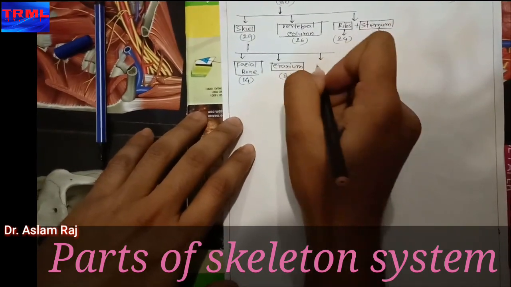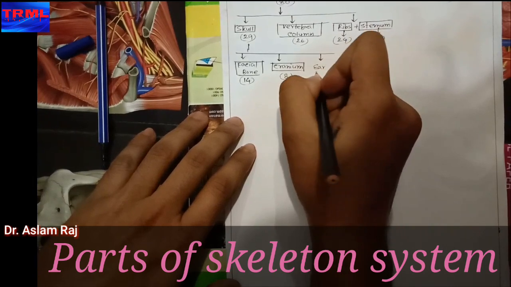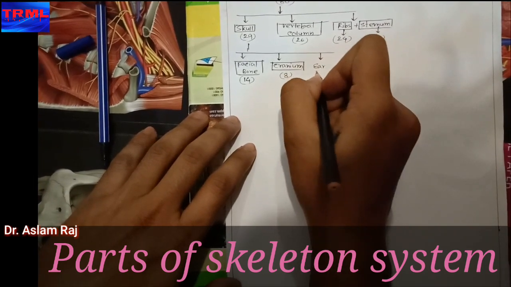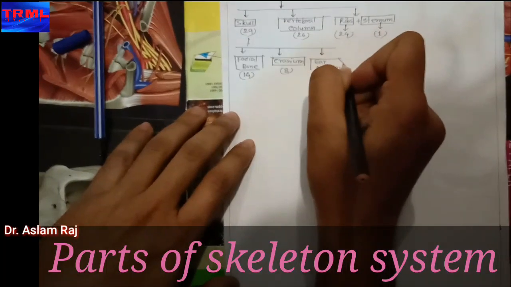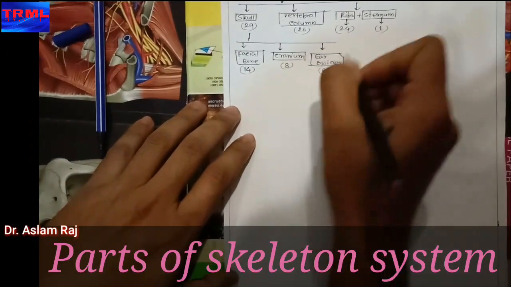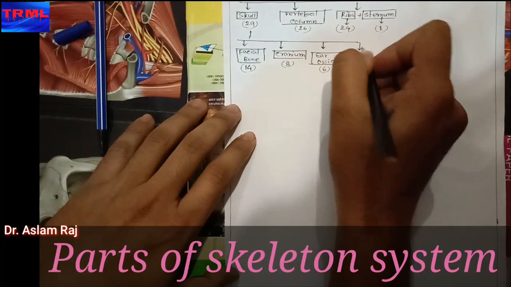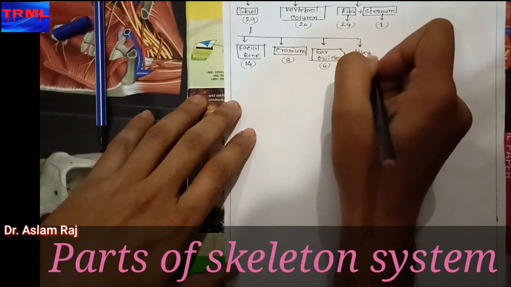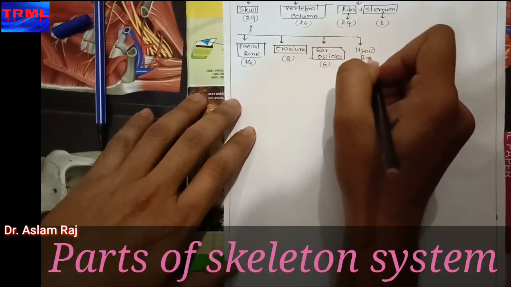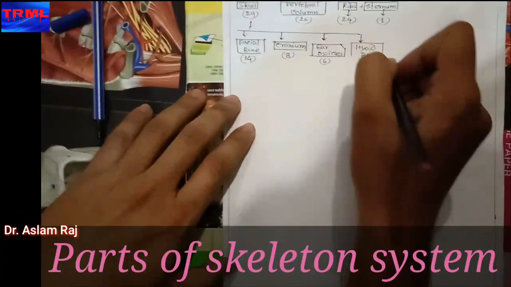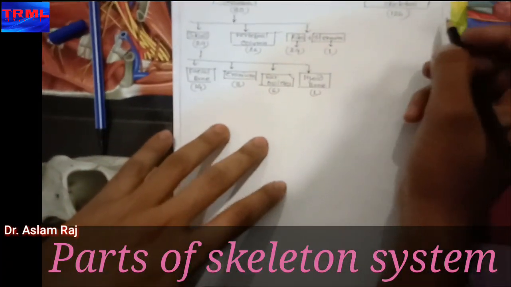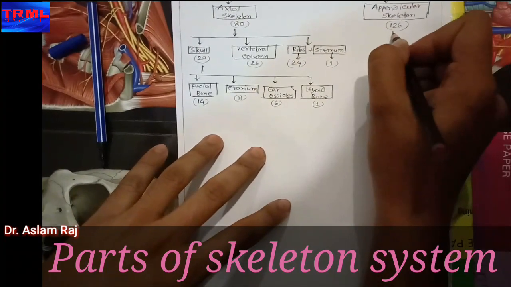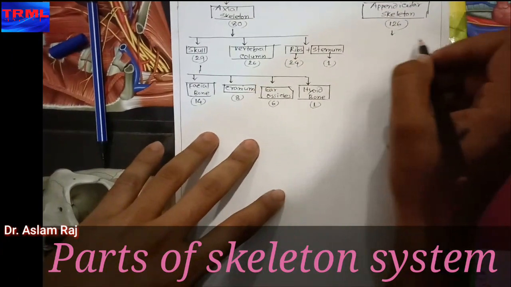Then ossicles, 3 pairs of bones: malleus, incus and stapes. Total number of bones is 6. Then hyoid bone, the single bone of the skull, number 1.